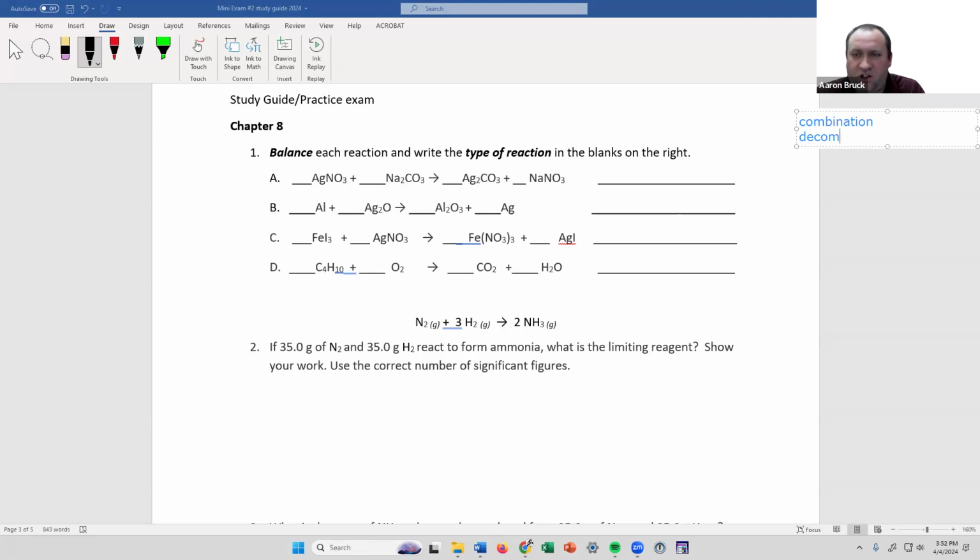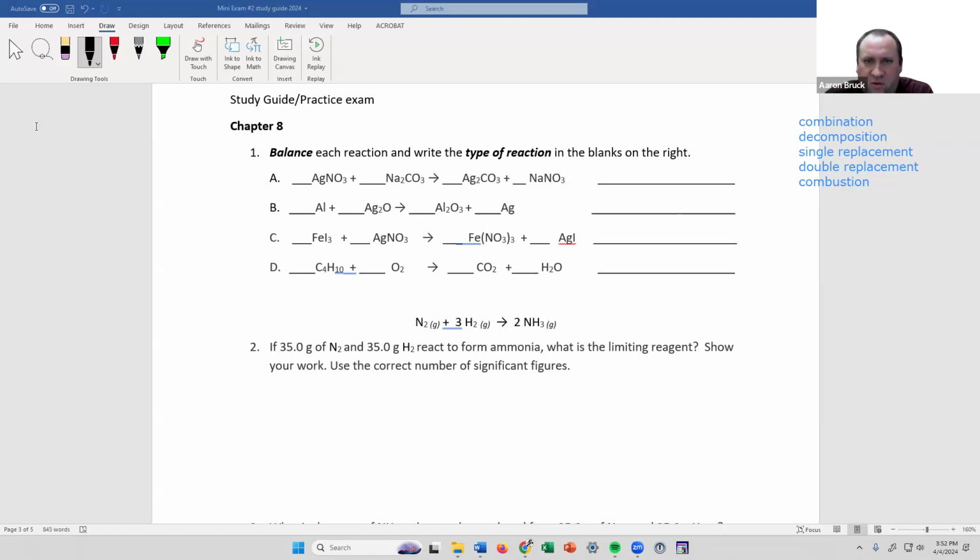We've got combination, decomposition, single replacement, double replacement, and combustion. Those are our possible options for this particular problem here on the right. Let's see what that looks like.